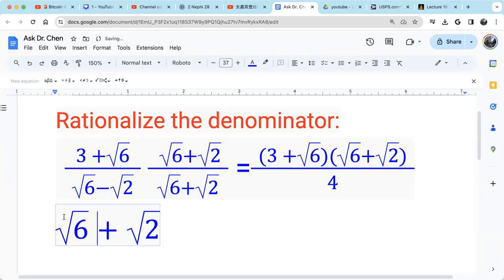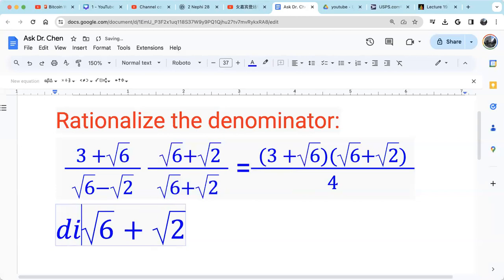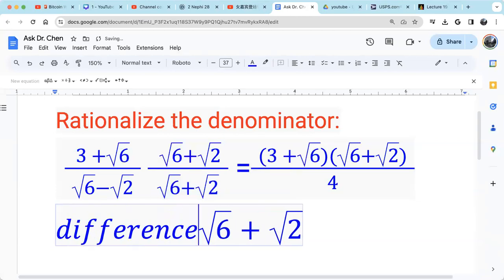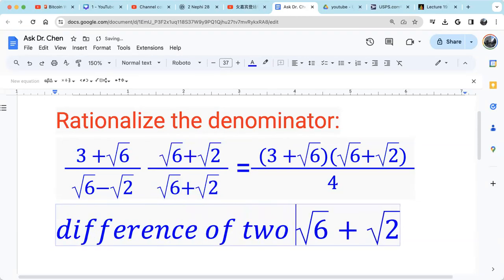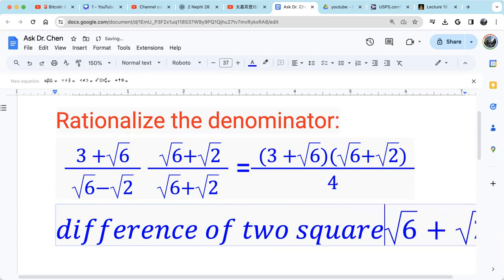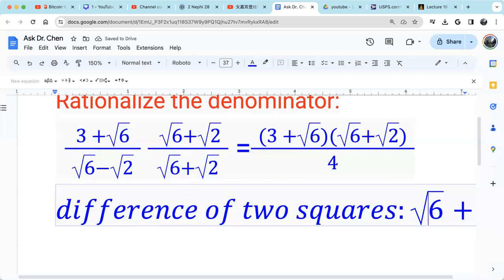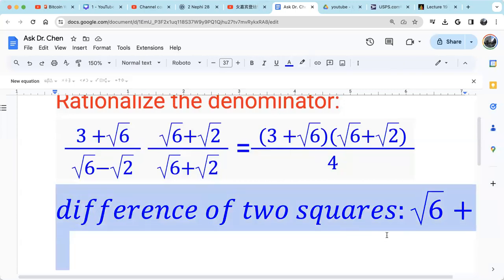So basically we use difference of 2 squares. And the formula, let me try to write down the formula.